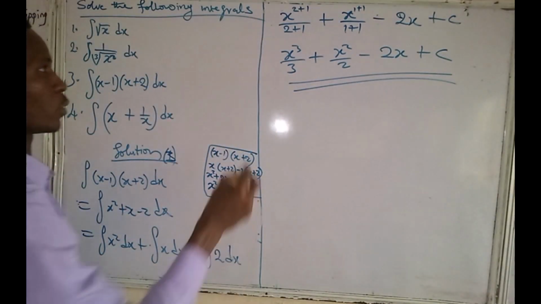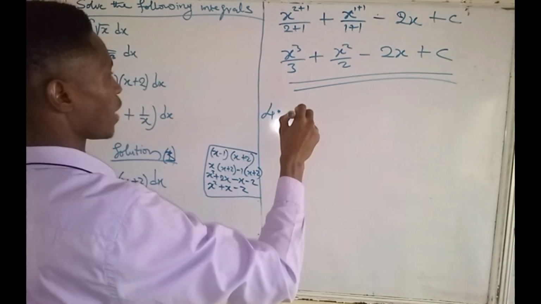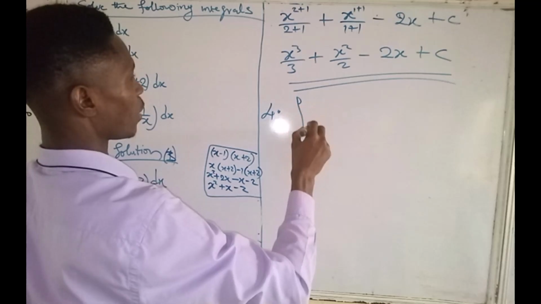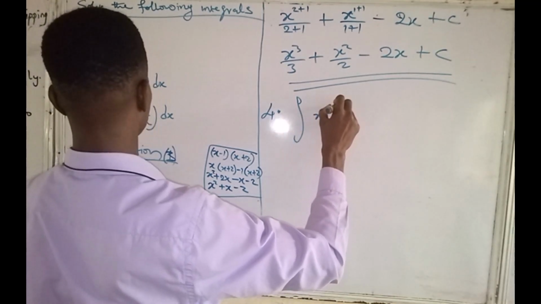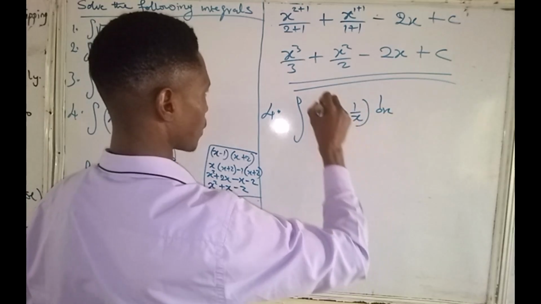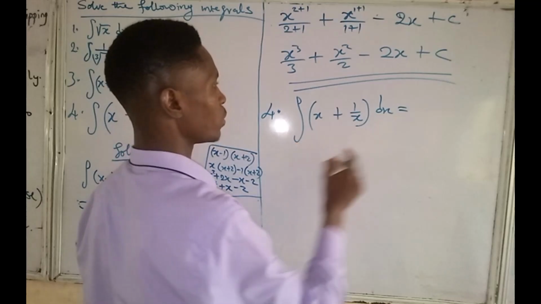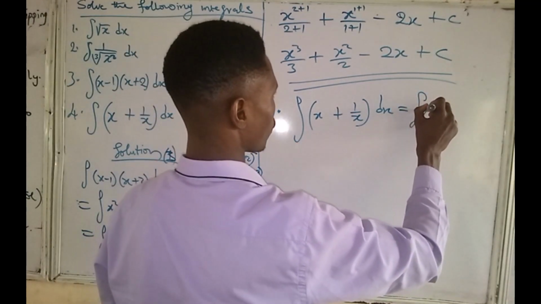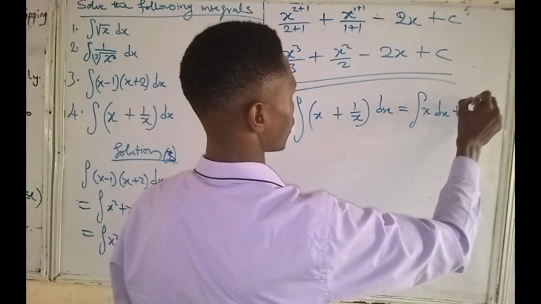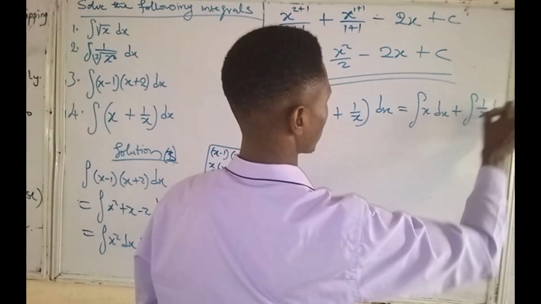So finally, for question number 4, we have the integral of x plus 1 over x dx. Since it is distributive, this should be equal to the integral of x dx plus the integral of 1 over x dx.